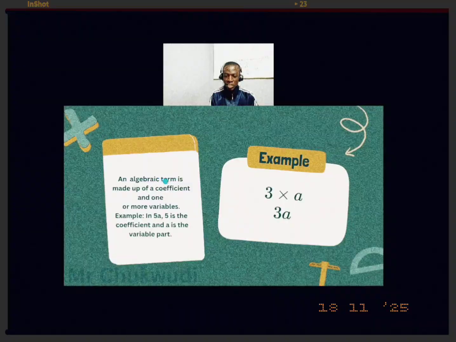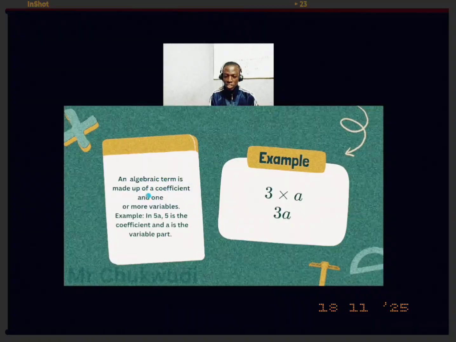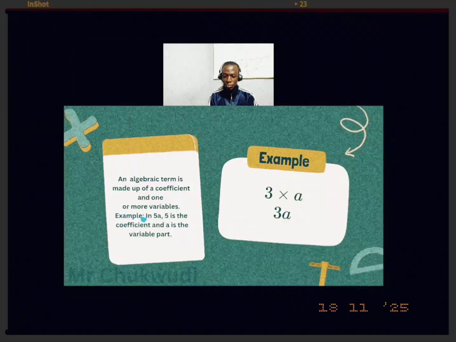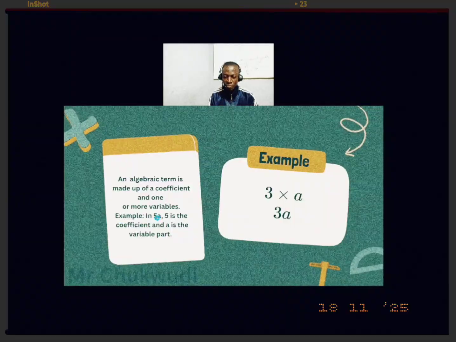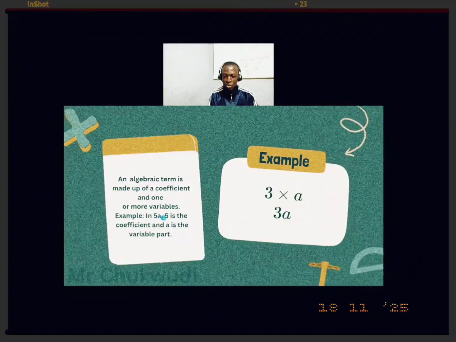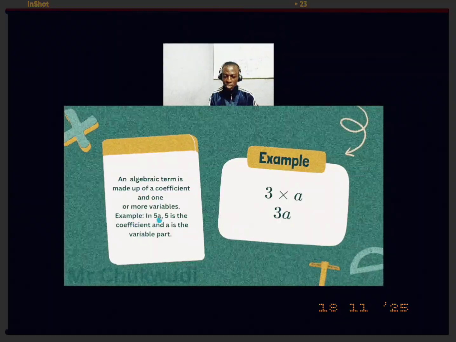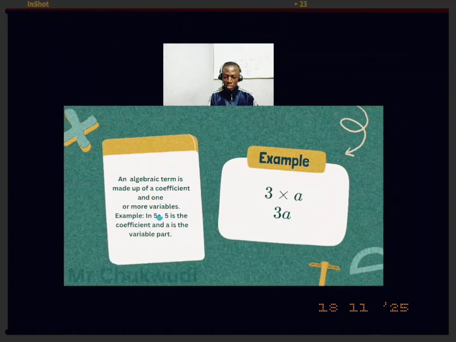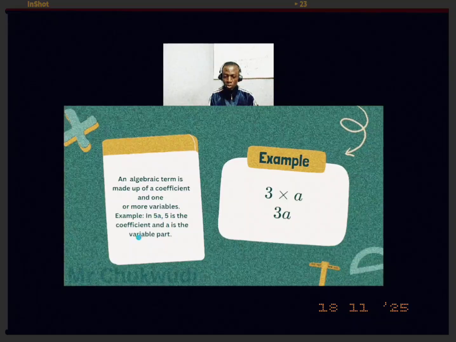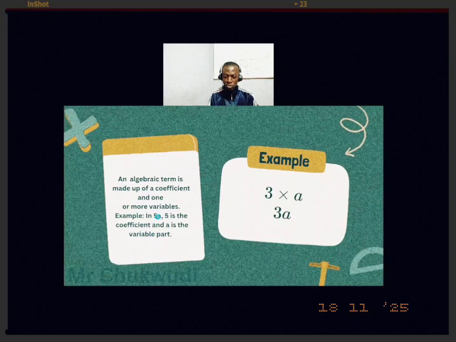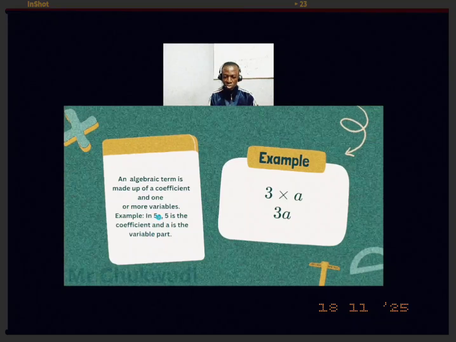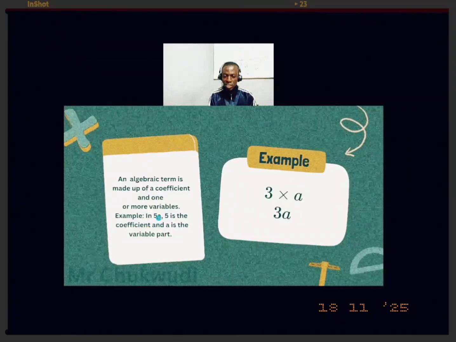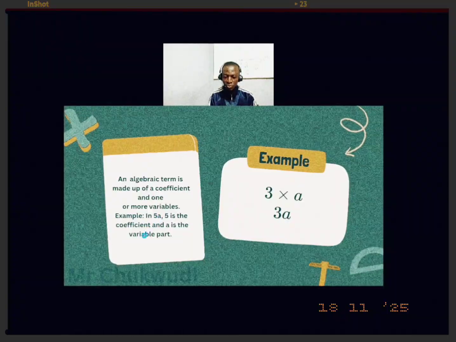For example, in 5a here, 5 is called the coefficient, which is the number, while the a that is attached to the 5 is called the variable. So whenever you see something like this, you should be able to simplify them.